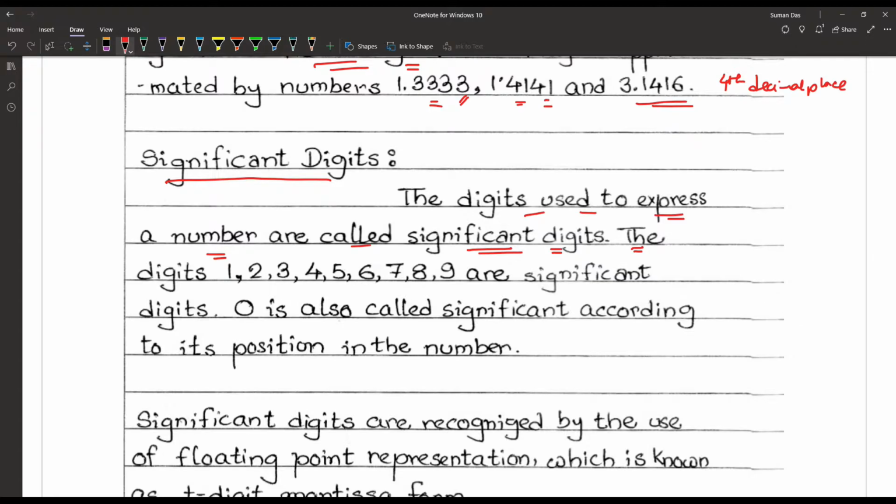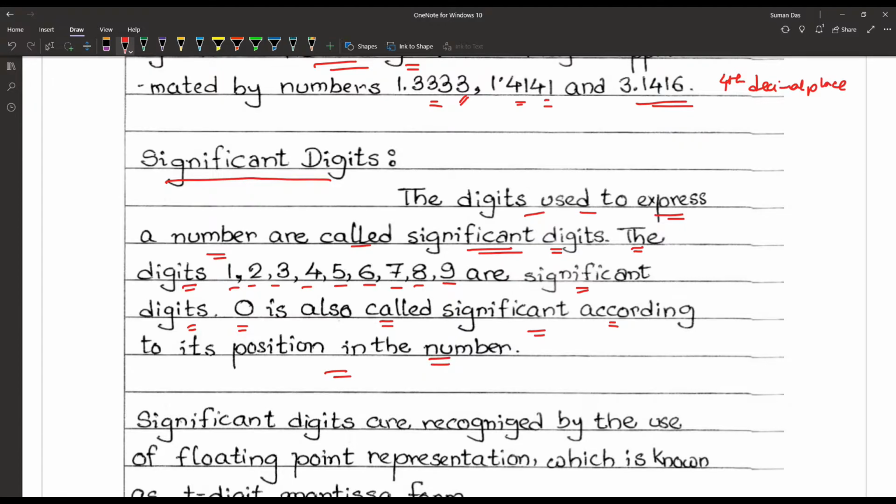Particularly in the decimal number system, the digits 1, 2, 3, 4, 5, 6, 7, 8 and 9 are the significant digits. 0 is also called a significant digit according to its position in the number.